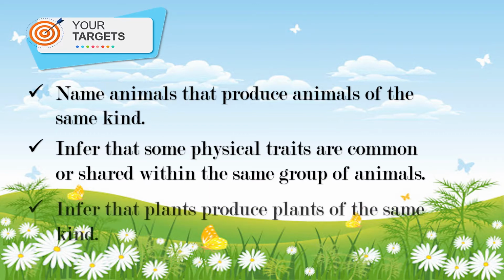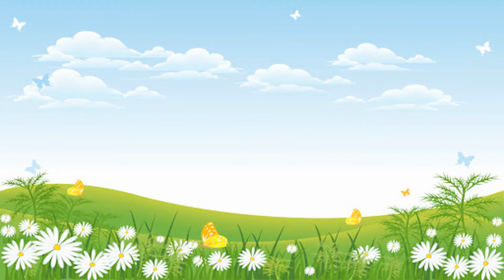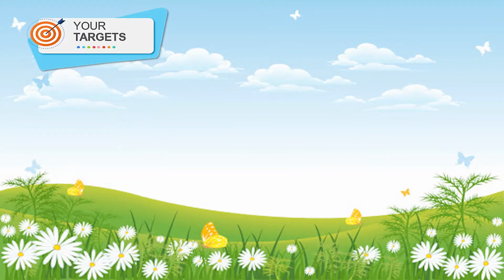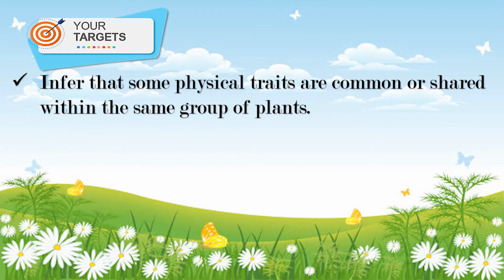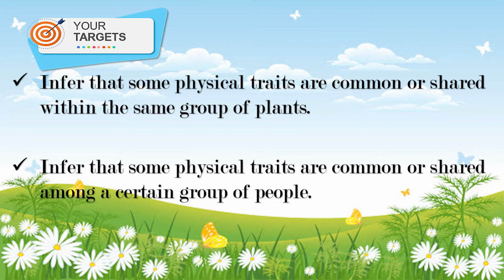Third, infer that plants produce plants of the same kind. Fourth, infer that some physical traits are common or shared within the same group of plants. And last, infer that some physical traits are common or shared among a certain group of people.